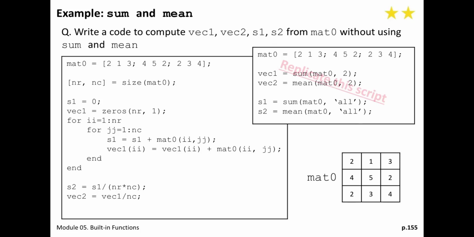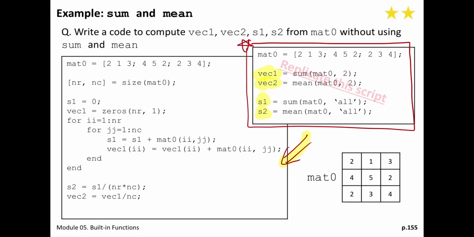Okay, here's the function with the built-in function. How can we get these vectors s1 and s2 using loop statements? That is this script. Let's see it one by one.